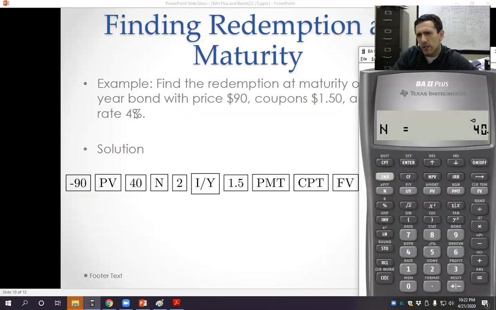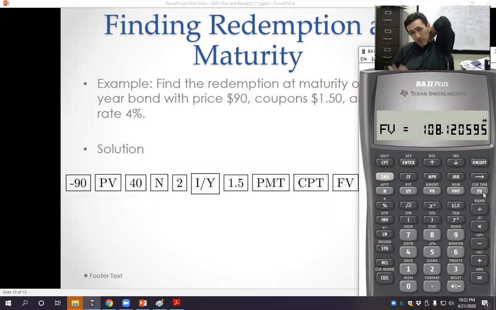So the yield rate is 4%, so divide by 2. The interest rate is 2%. We're given the coupons are $1.50. So now we're going to compute the face value, and we get the redemption at maturity of $108.12.